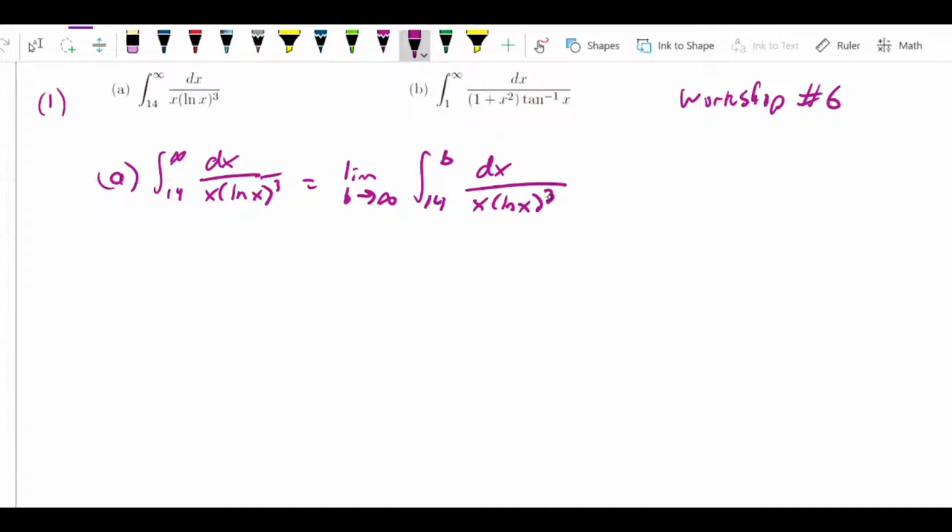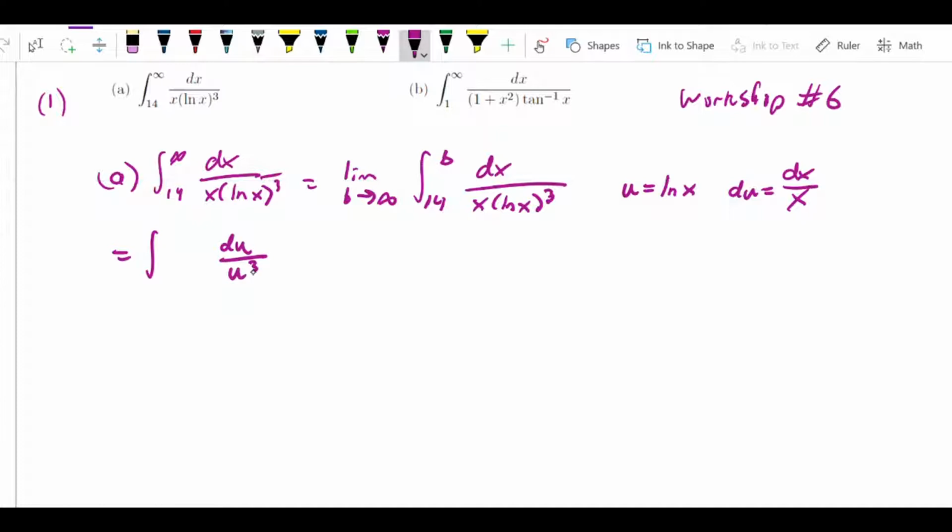We now have a problem that's fairly easy to solve by u substitution, because what we've done is convert this into a limit of definite integrals. So let's let u equal ln x, du is equal to dx over x. So this is going to equal the integral of u over u cubed.